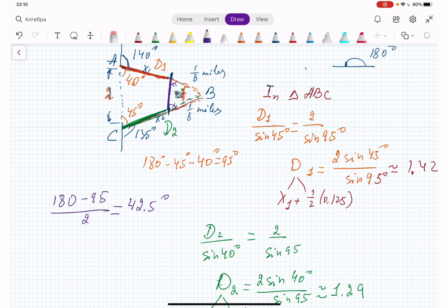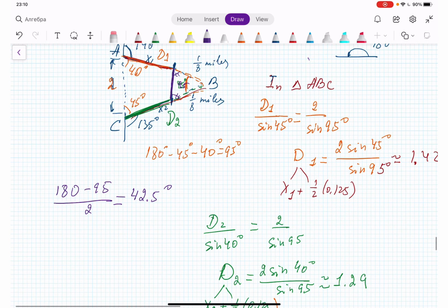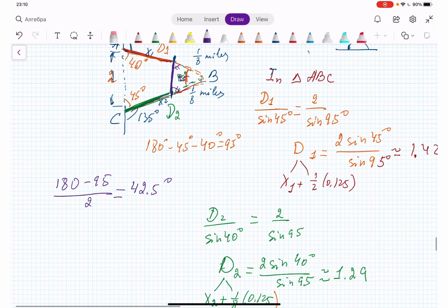Since each angle is 42.5, now we can make another sine law. Let's mark this as D3.